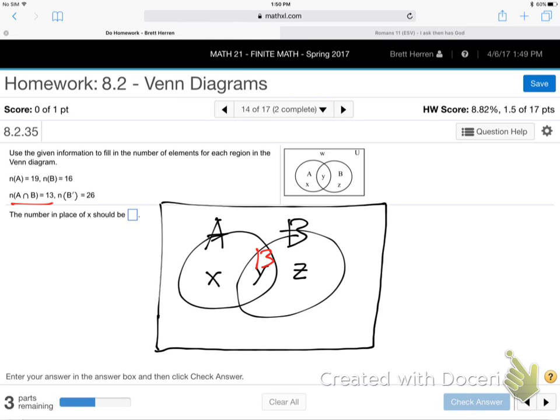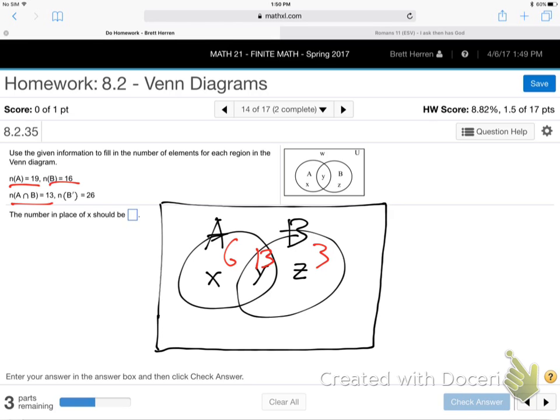So far, so good. And then it says A is 19. All of circle A together takes 19, so this must be 6 out here. So 6 and 13 make 19. And then all of B is 16, so this must be 3, to make 16 in B. Good.